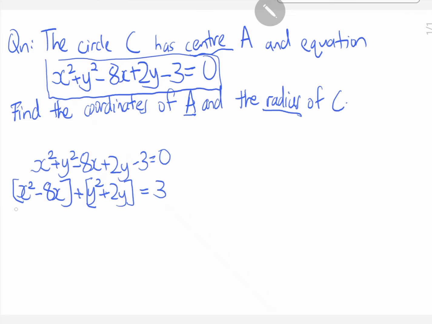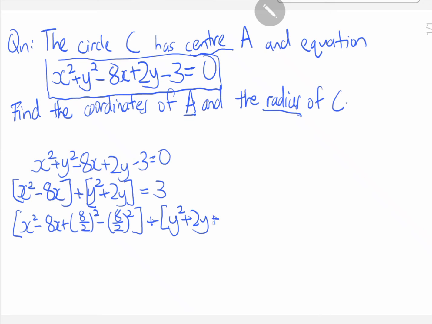So let's complete the square for this. For x squared minus 8x, we divide 8 by 2, so we add and subtract (8 over 2) squared. For y squared plus 2y, same thing: we divide 2 by 2, so we add and subtract (2 over 2) squared, equals 3.